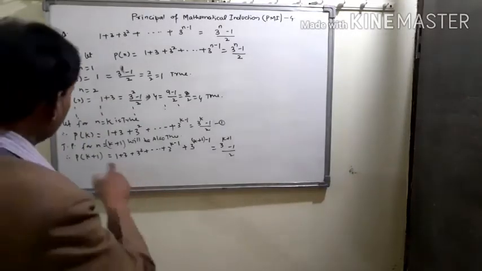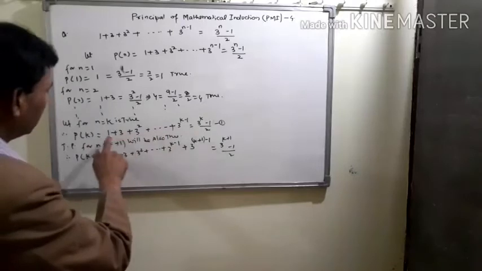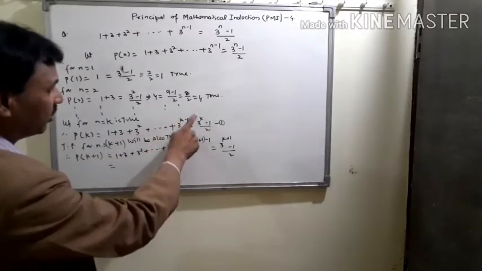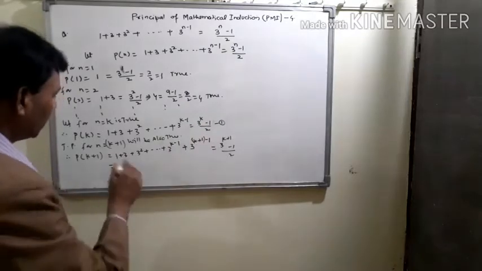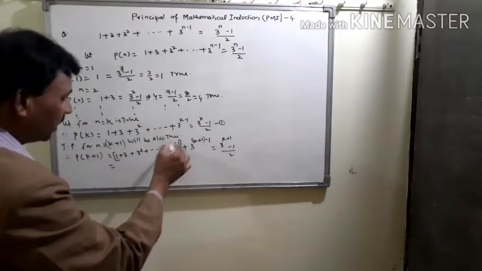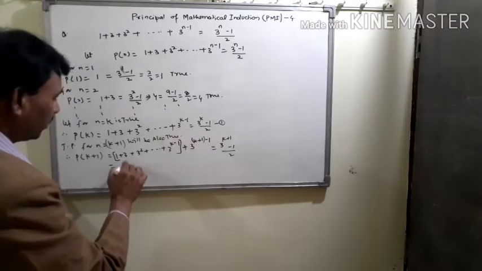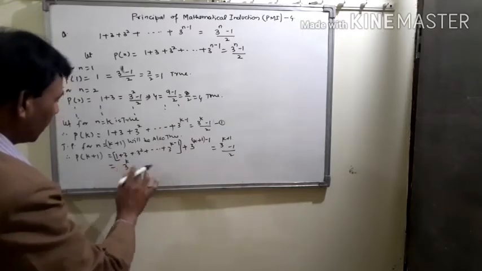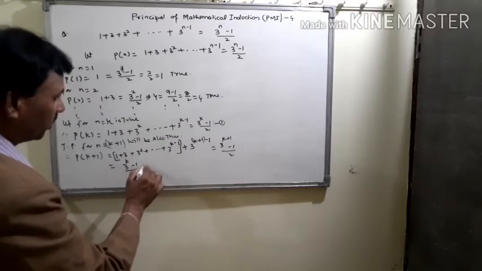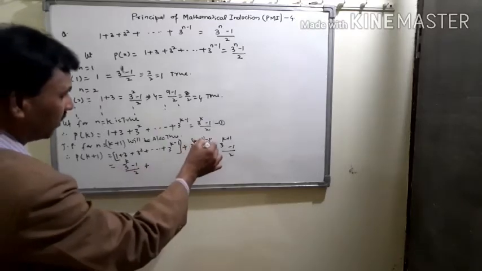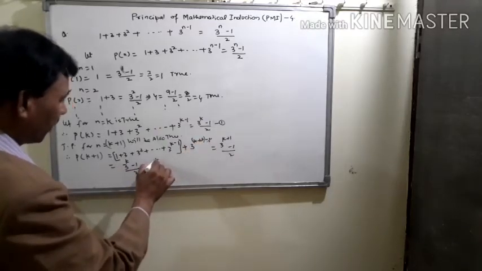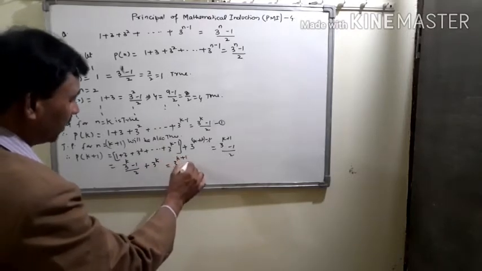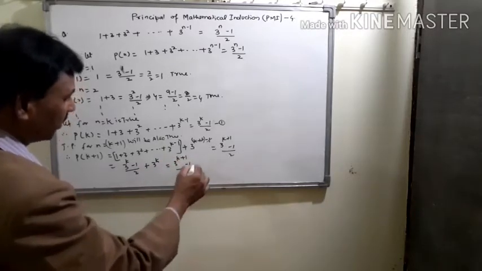As you see here, from equation 1, the sum from 1 to 3^(k-1) we can write as (3^k - 1)/2. That means in place of this, we can write (3^k - 1)/2 + 3^k, which equals (3^(k+1) - 1)/2.